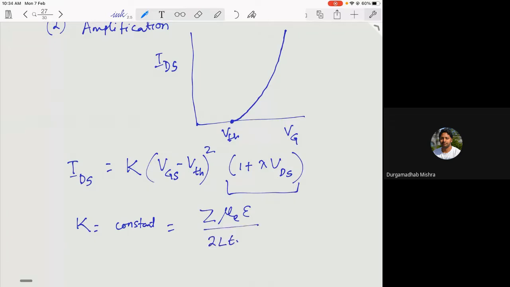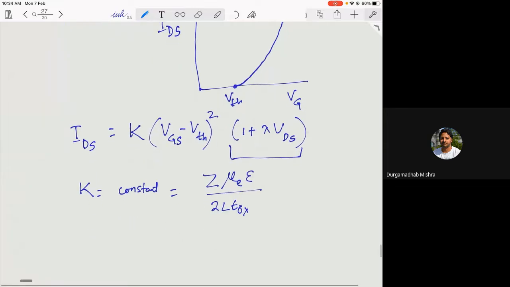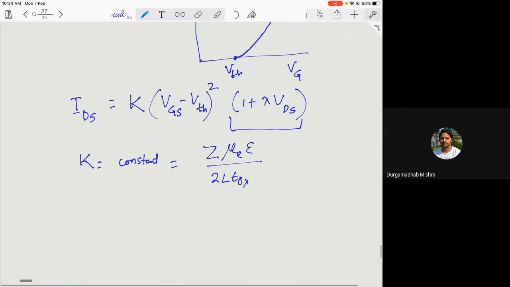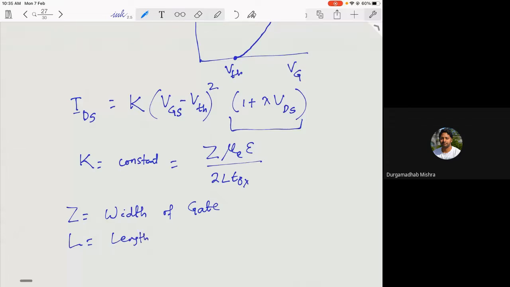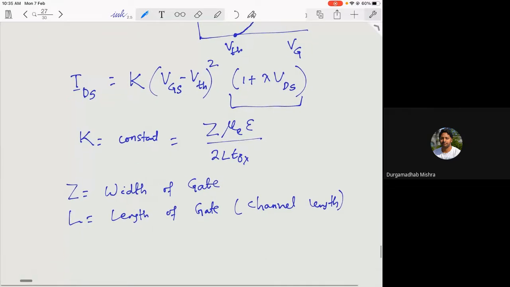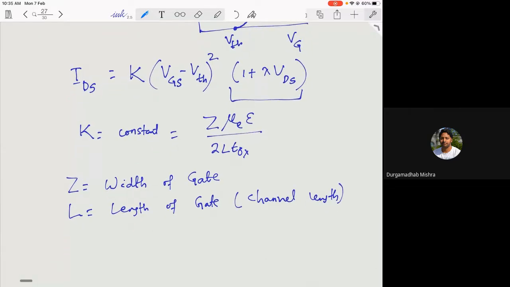So let me describe what all these terms are. Z is your width of the gate, L is the length of the gate. So basically it is also your channel length. These Z and L depend on how small you want to make your device.